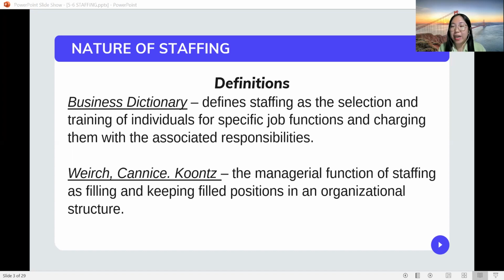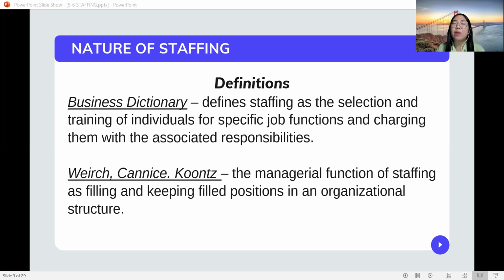Staffing is a pervasive act as it is carried out by all of the managers in all types of concerns. So we should always remember that staffing is a continuous activity for as long as the organization is existing, because the movement of our employees due to different promotions and transfers takes place continuously.